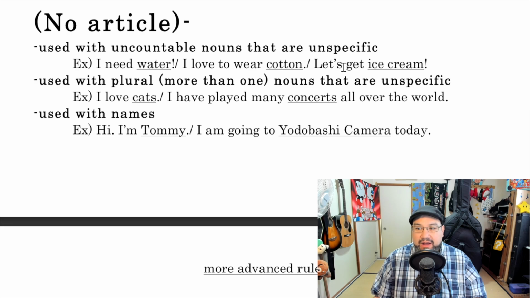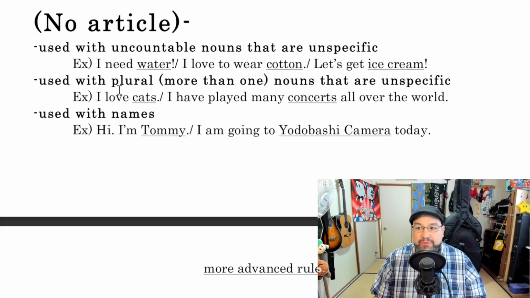Now, "an ice cream" and "a cotton" have some meaning I will talk about later, but usually we don't. These are uncountable nouns. If you say "the cotton," we will wonder, which cotton are you talking about? Or "the ice cream," maybe there's a special ice cream shop you go to. I don't know. But usually nothing, no article, for simple English.